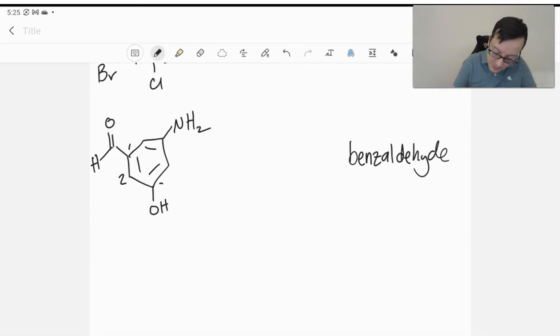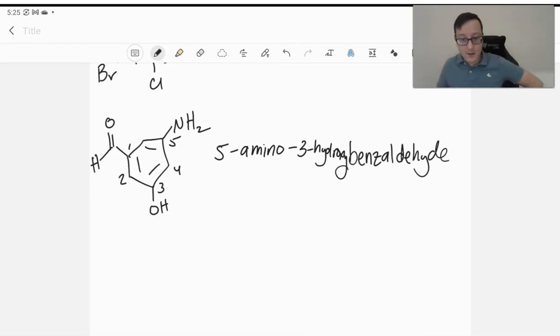So we're going to number towards the alcohol side, so that our priority list stays the same. And so we'll have now, in alphabetical order, 5-amino, 3-hydroxy benzaldehyde. And so hopefully these examples make sense, and you can start practicing your skills on naming right away.